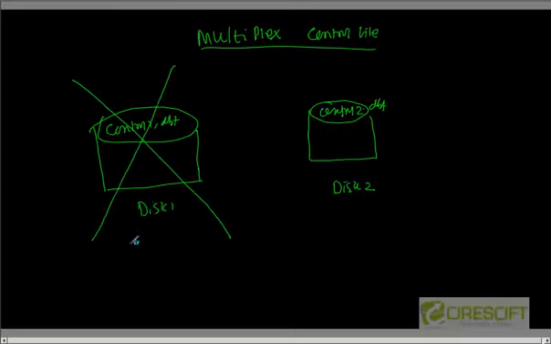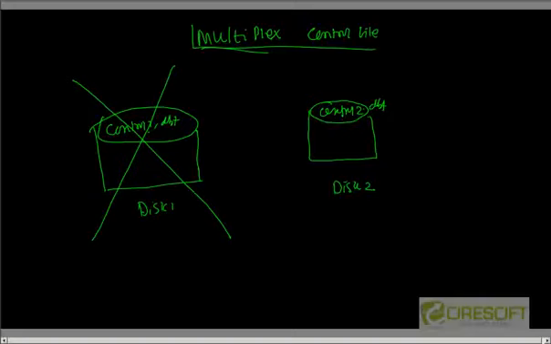Let's say this disk crashed forever, then we can buy a new disk and configure that disk to work with that server, and then we copy control2.dbf, which is exactly a replica of control1.dbf, to this disk and get the database going. So multiplexing of control file is a must, and this is a general practice followed across production systems.